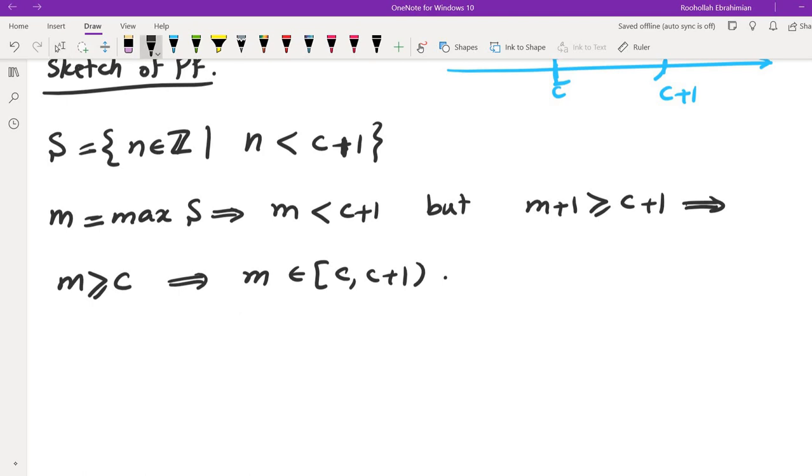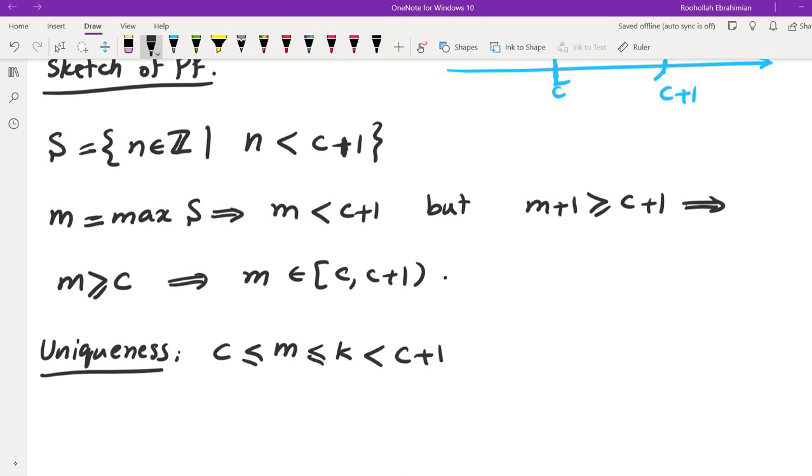So this would be the idea for the uniqueness. So let's say C is less than or equal to M, and it's also less than or equal to some other integer K, and this is less than C plus 1.